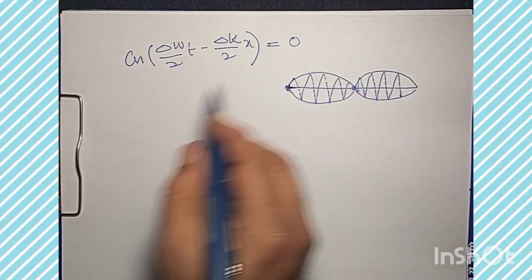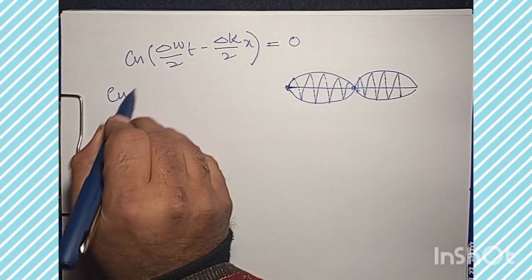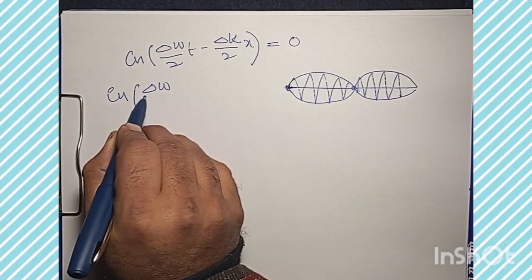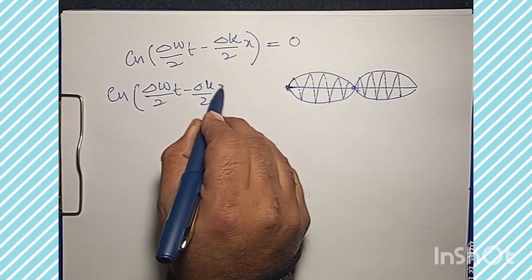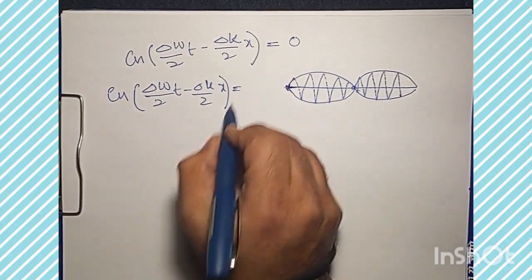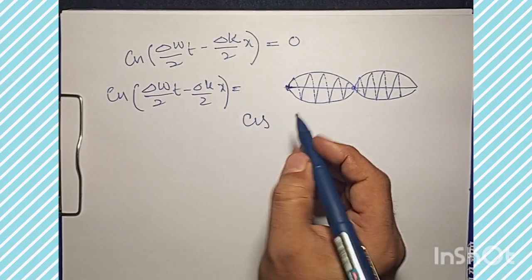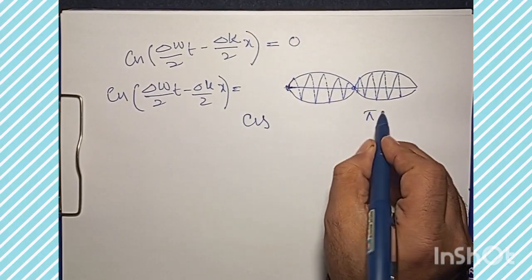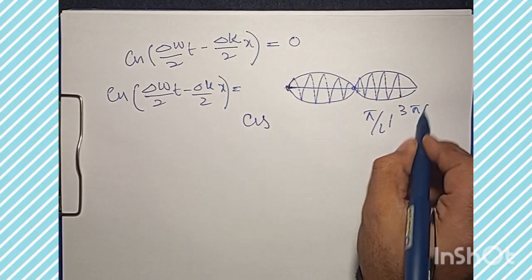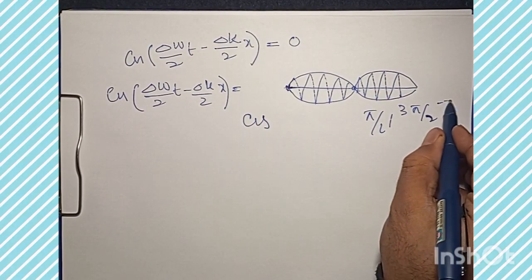So under which conditions should the cos of this whole thing be equal to 0? That should be cos of pi by 2, 3 pi by 2, and so on and so forth.